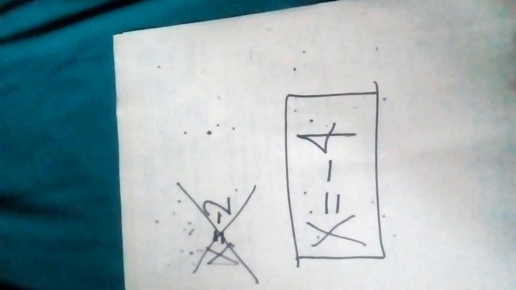So our independent variable that makes the numerator equal to 0 is x is equal to negative 4. Now, this will be the zero of the given rational function.